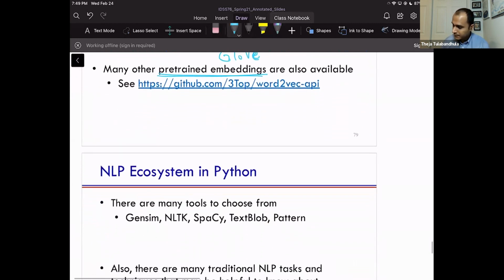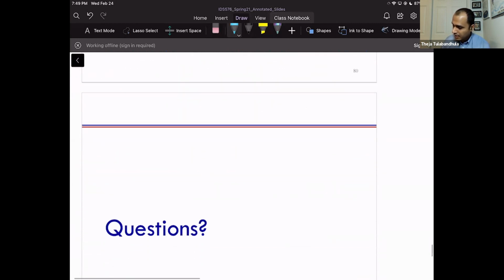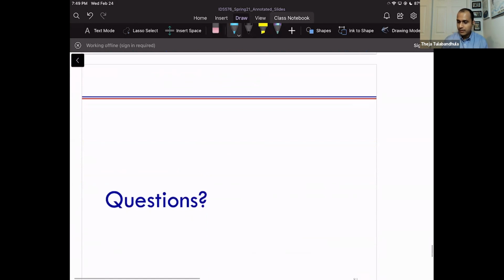Okay. So let me check if there are any questions at this point, because we want to switch topics. Now we have some idea of getting embeddings, or numeric representations, of the symbols, words. Next, we will talk about how to capture sequential information using neural networks.